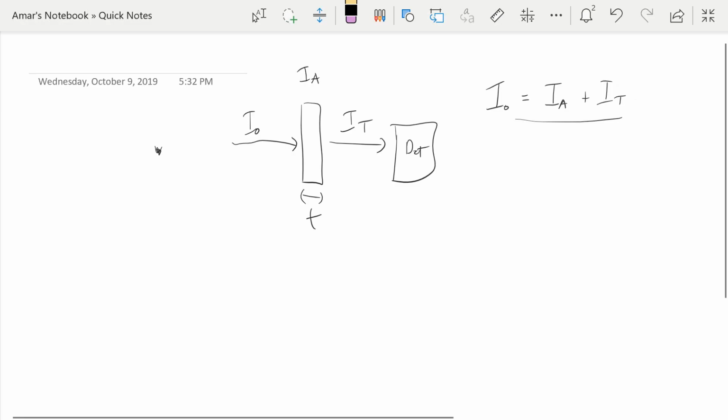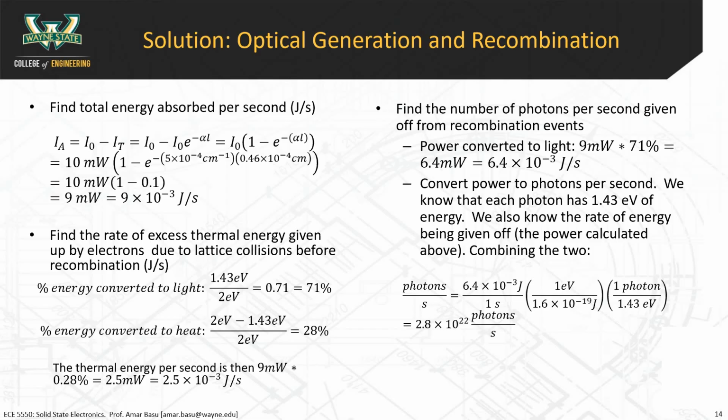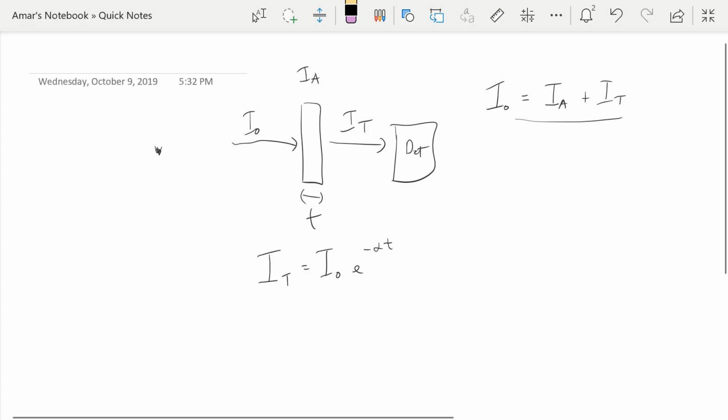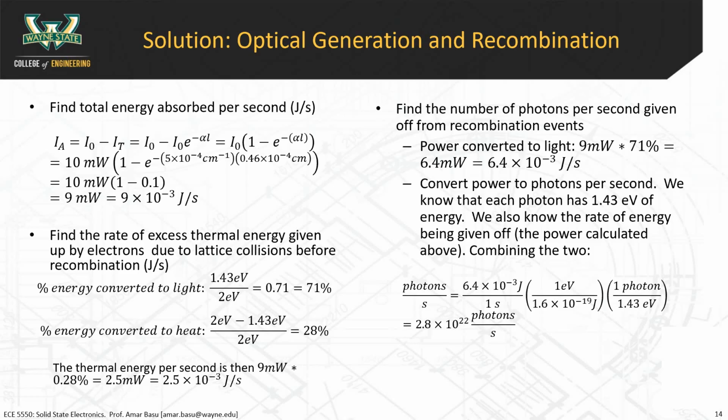Also remember, from earlier in this module, what we call the absorbance law, IT is equal to I0 e to the negative alpha t. I've drawn t in this equation. In this answer, they use L, so just replace the t with the L here.